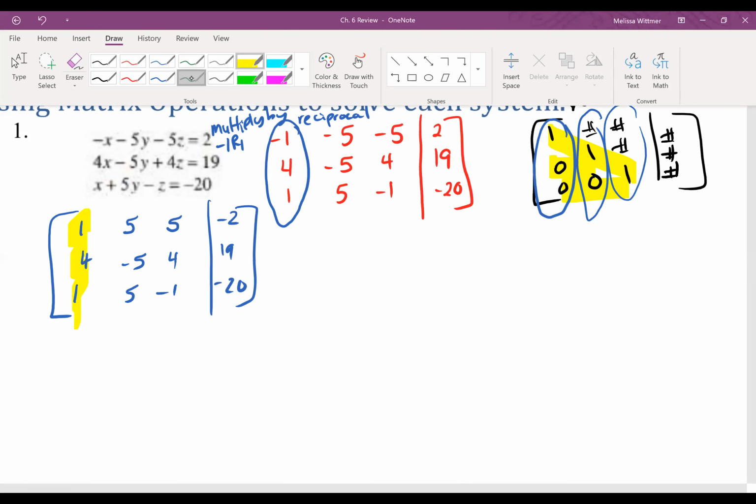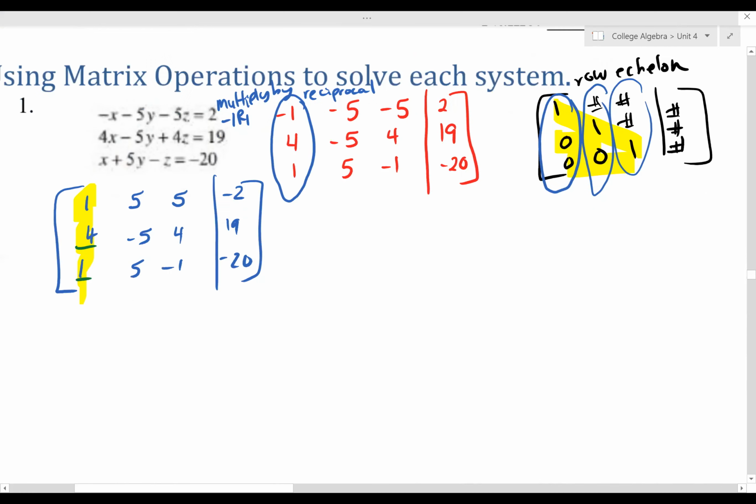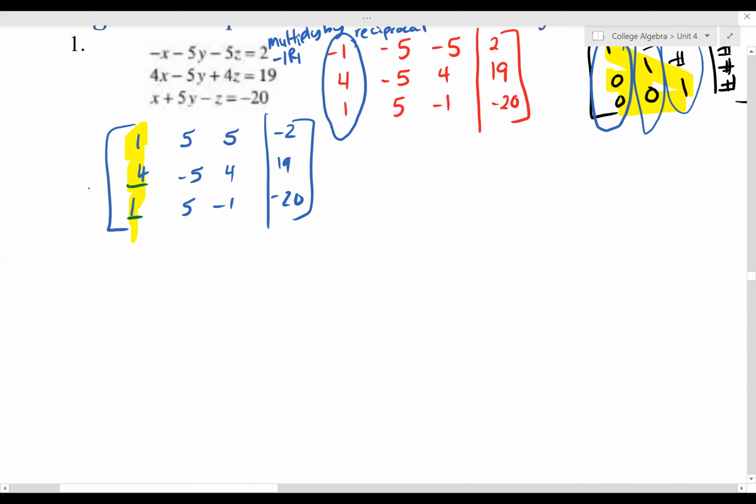You always get the 1 first. Now you get the zeros beneath it. And the way we get the zeros is we multiply by the opposite sign of the number and add it together. So in row 2, we have a 4. So I'm going to go up and I'm going to multiply -4 times row 1 because that has the 1 in it.